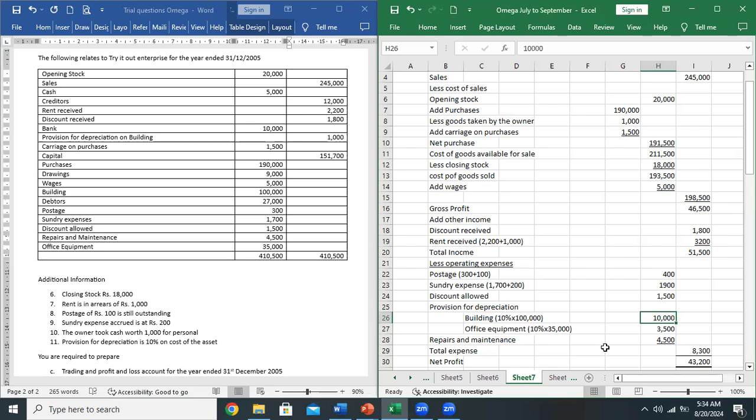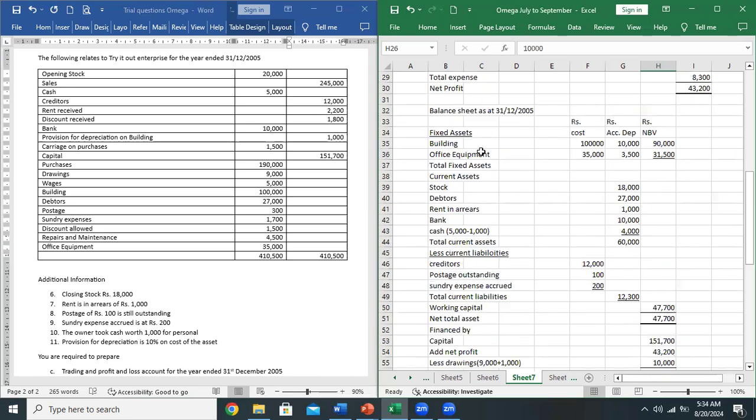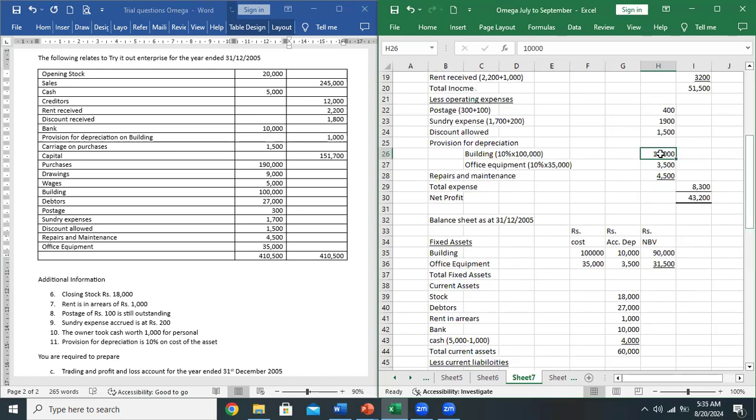When we go to the balance sheet, when you present the cost of the building, professors, I'm telling you that first pick the figure you have calculated as depreciation here, which is 10,000, and check your trial balance if there is previous depreciation on that same asset.